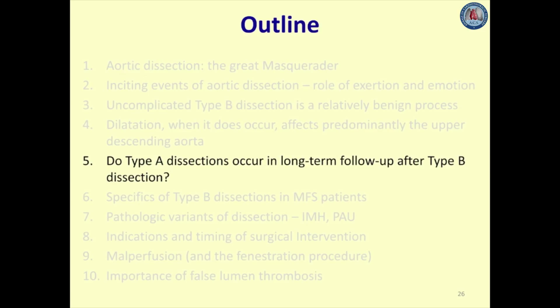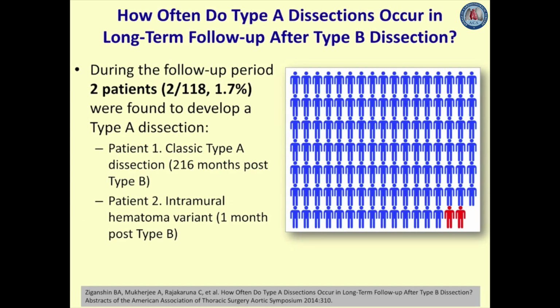We asked ourselves whether type A dissection is common after type B dissection. We really didn't know, so our team examined this, and they looked at 118 patients who had suffered acute type B dissection and examined how many of them suffered a type A dissection in long-term follow-up.